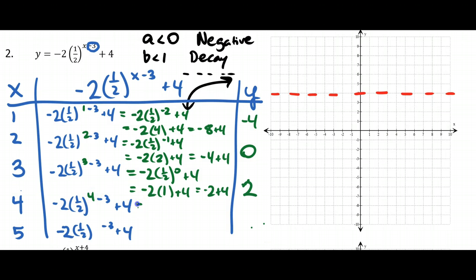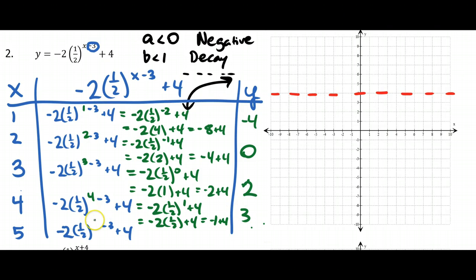And then we plug in 4. So you'll get -2 times 1/2 to the first, that would just be 1/2, plus 4. That would be -2 times 1/2, so that would become -1 plus 4, which would give us +3.